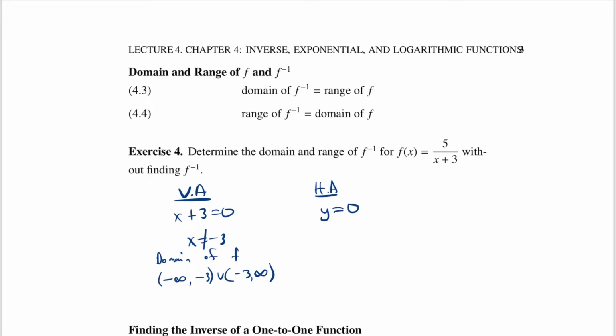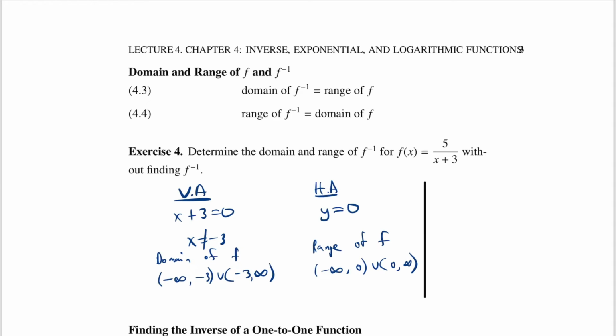All right, that means that the range of f will be all the values from -infinity to 0, union 0 to infinity. All right, so that's the domain and the range of the function, but we want the domain and the range of the inverse function.